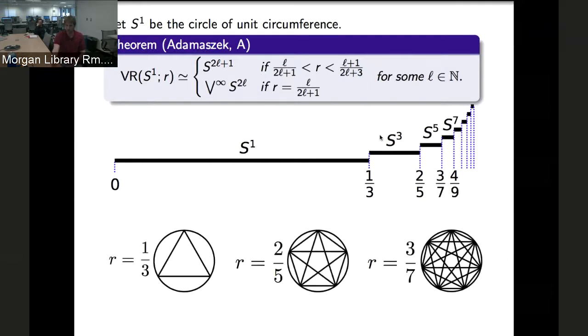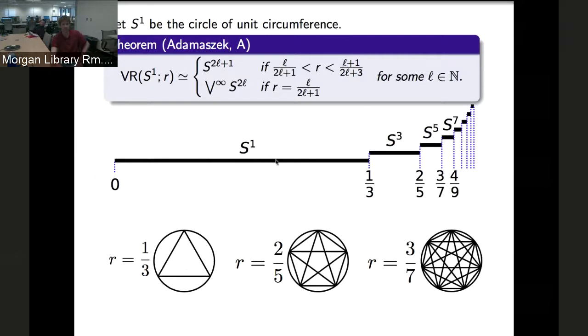These transitions in homotopy types are driven by the following simplices. When we first reach scale parameter 1/3, that's the first time we have this 2-simplex in the Rips complex of the circle. This is a filled in 2-simplex that destroys our circular shape.